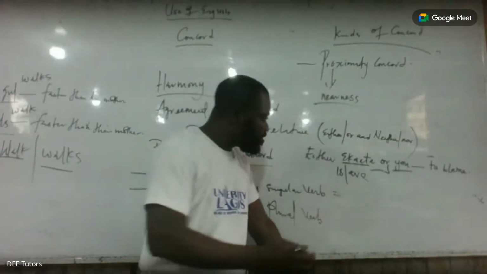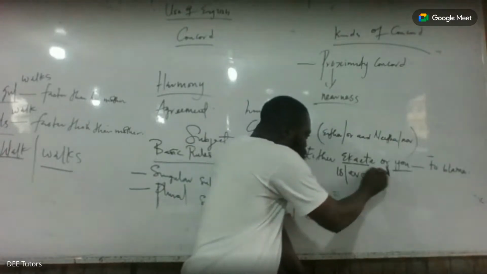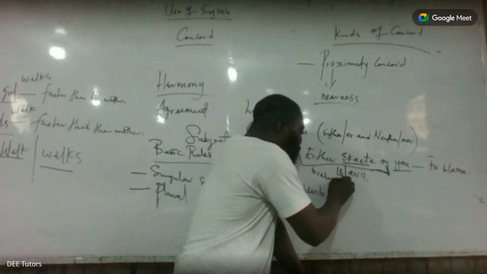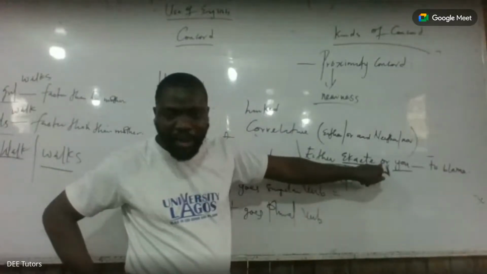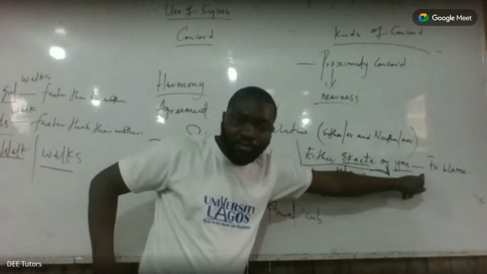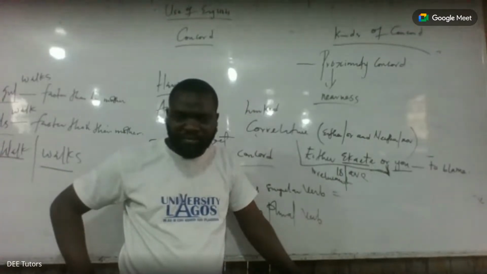Which means from this or to the beginning of the sentence will be irrelevant. It is the subject that comes after or the subject that comes after no that will determine the verb to be used. I hope you understand it to this level. Yes, sir.